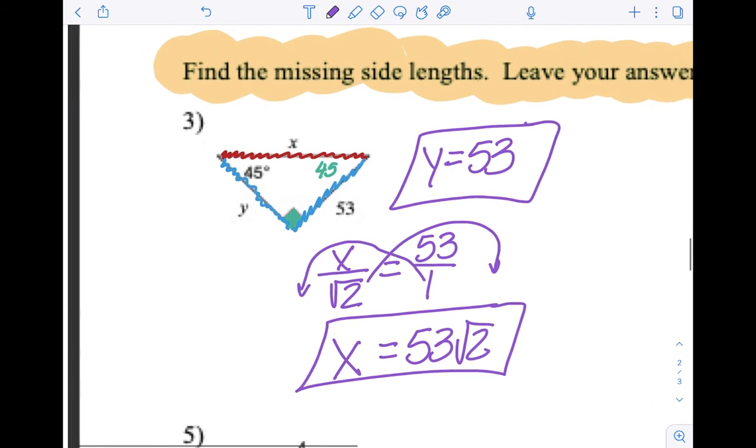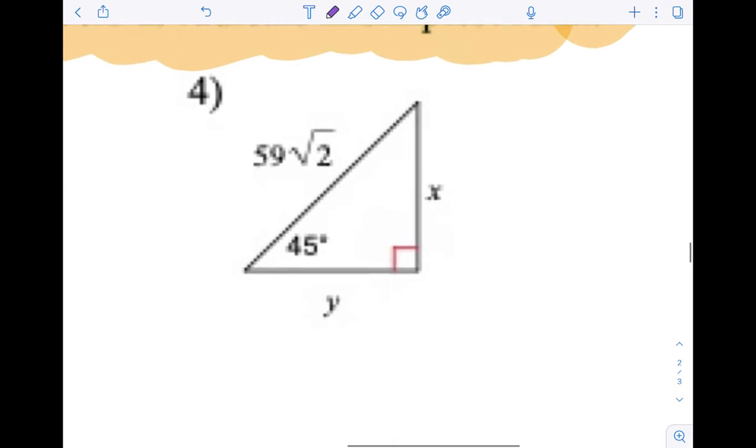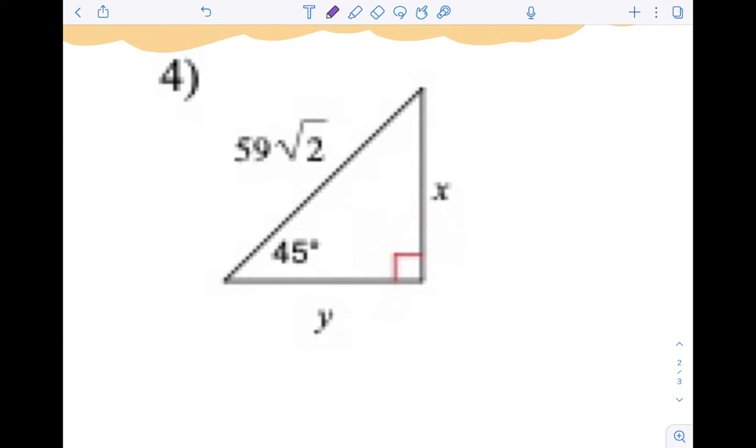Okay, let's look at number 4. Number 4 is also a 45, 45, 90 triangle. I'm going to put 45 degrees here. 45, 45, 90. I know this is a 90.